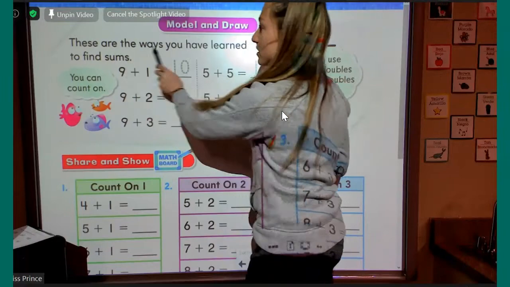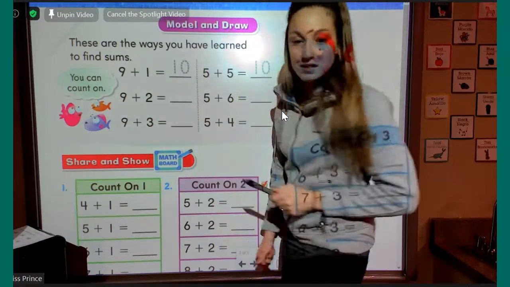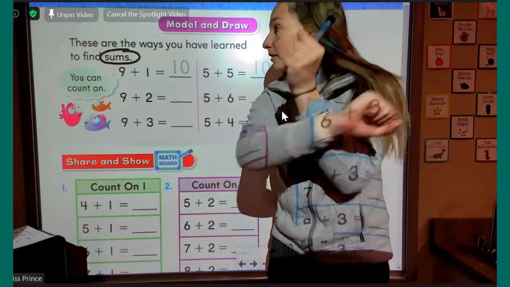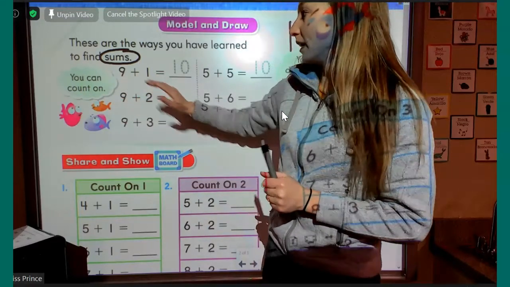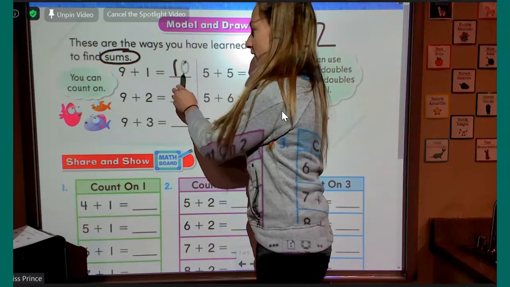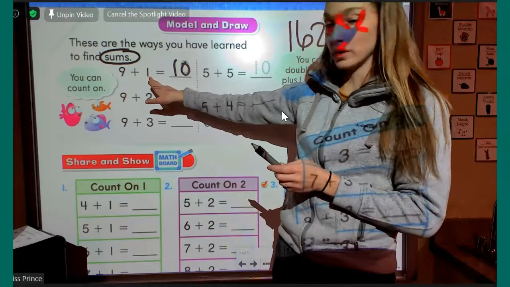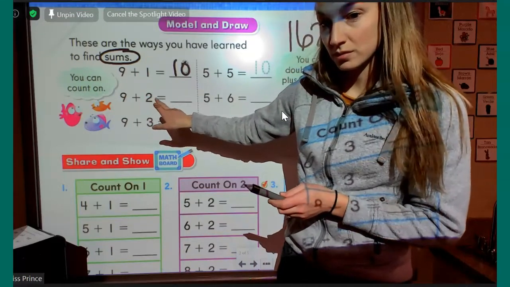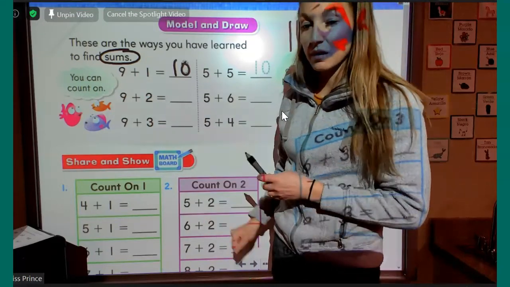This one says, these are ways you have learned to find sums. So remember, the word sums means that we're adding them together. 9 plus 1, it already gave us the answer. That's 9 and 1 more. 9 plus 2. Elias, can you tell me 9 plus 2?